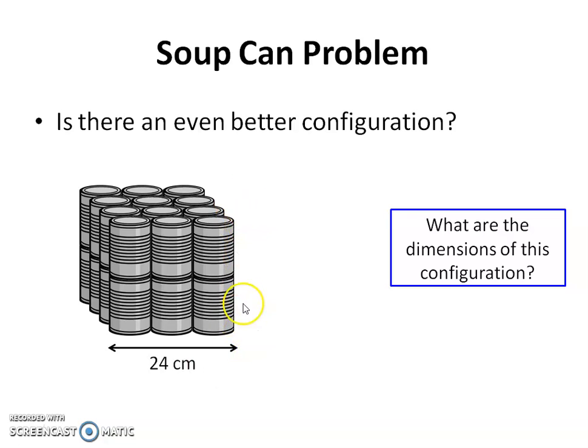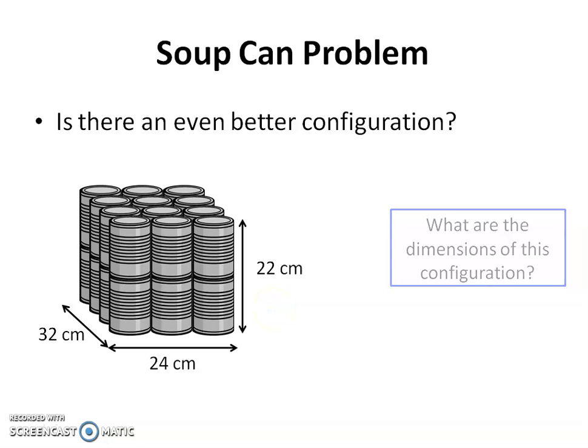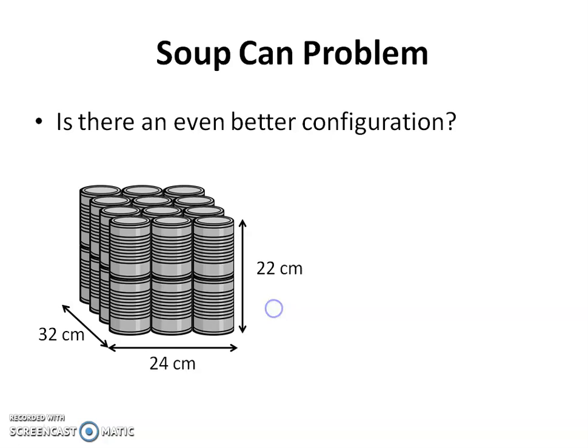This height is 2 cans tall, that's 22, and this depth is 4 cans times diameter of 8. So the dimensions of this box that would be needed to fit this configuration would be 32 by 24 by 22.